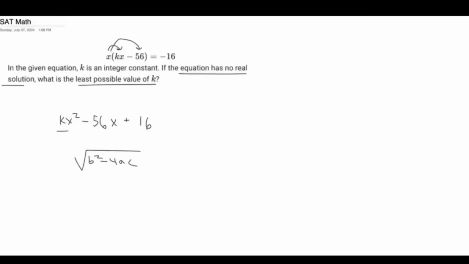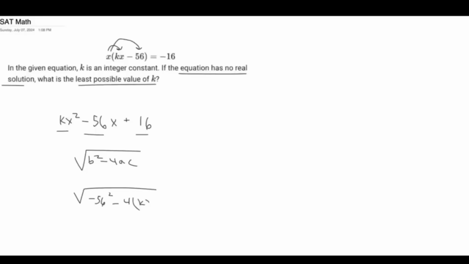Therefore, now that we have the values, we should just plug it in. So in our case, we know what b is. Our b value is negative 56, so negative 56 squared. And then we're going to have our c value, which is 16. And our a value is k.